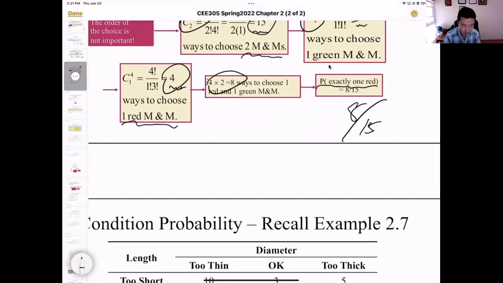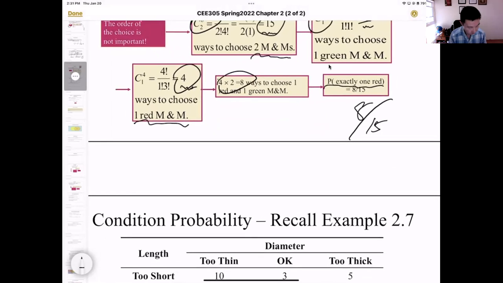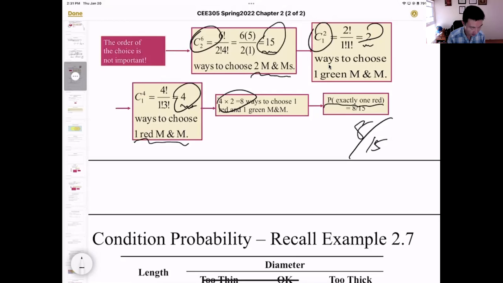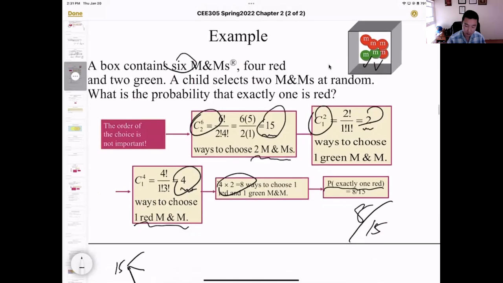There's another way. Out of the 15 total ways, how many possible color combinations do we have? We only have 2 colors, red and green.